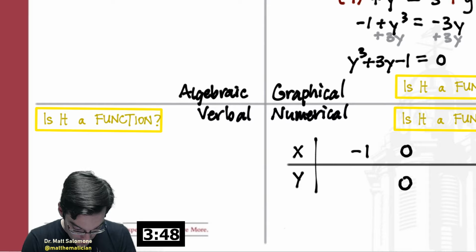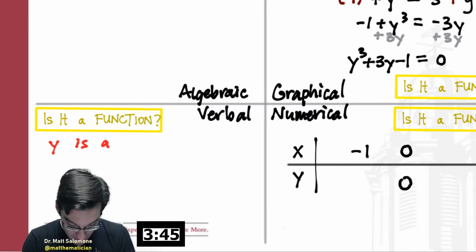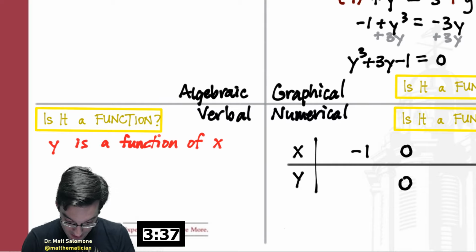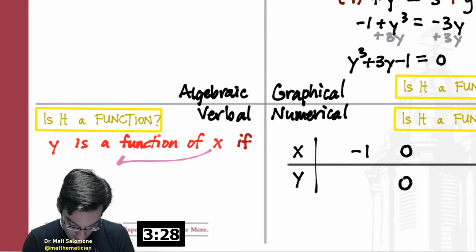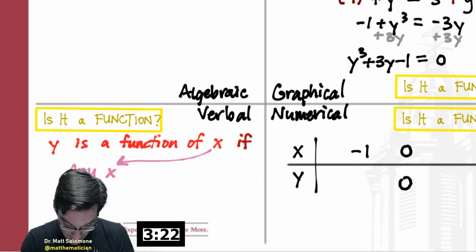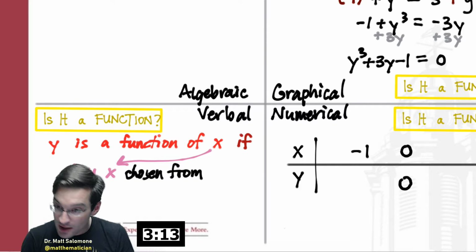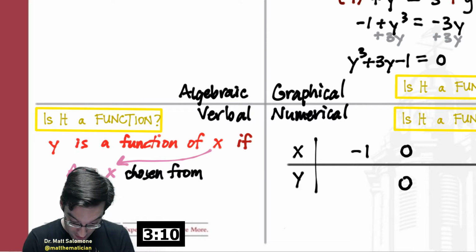And we'll say y is a function of x exactly when, so this is my definition, any x value that you provide for me, any x which is chosen from a set of choices that we're going to talk more about during today's live stream. That set of choices is called the domain of the function.